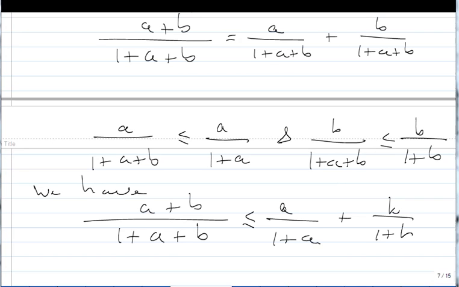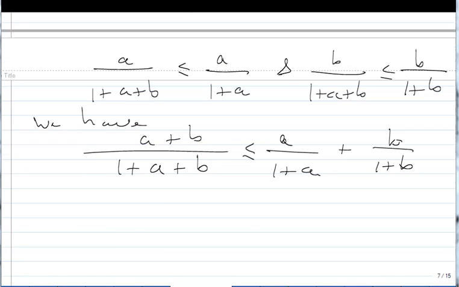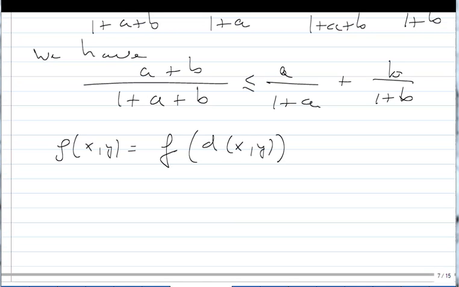And now we use the subadditivity. This is less than f of d(xz) plus f of d(zy), which gives me rho of xz plus rho of zy. That's the triangle inequality for rho.